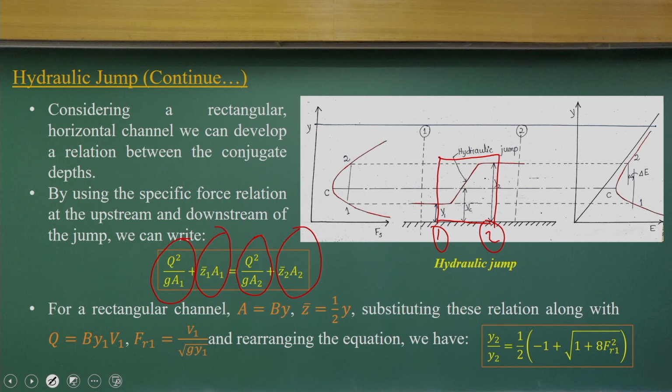That relationship is nothing else but the linear momentum equation. When applied for this control volume, we get the force component per unit weight, and if I define it, that is called the specific force.